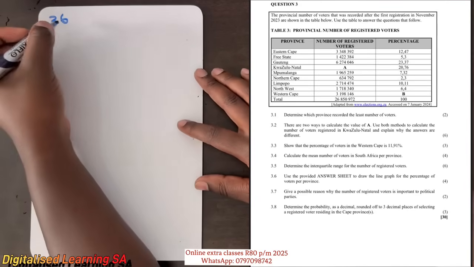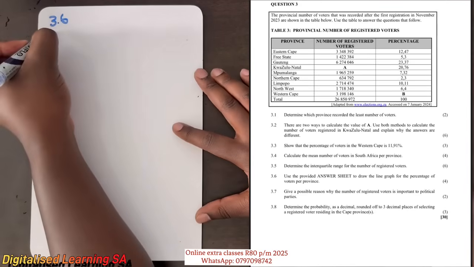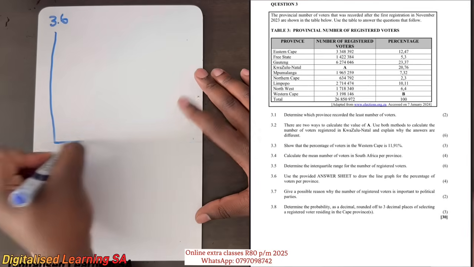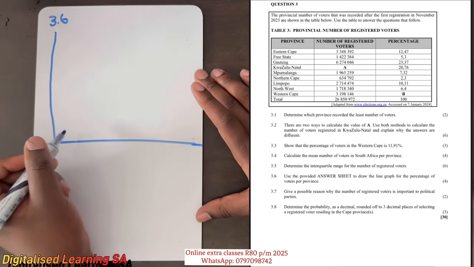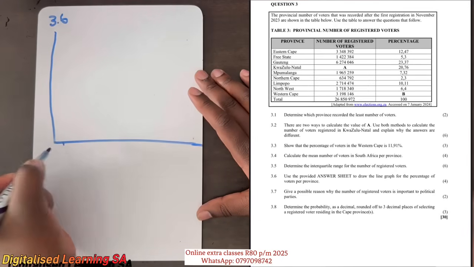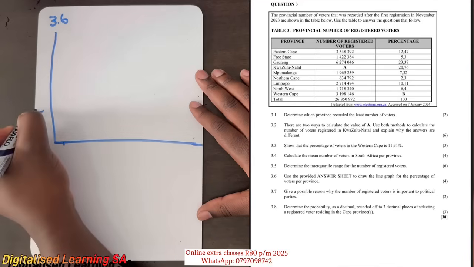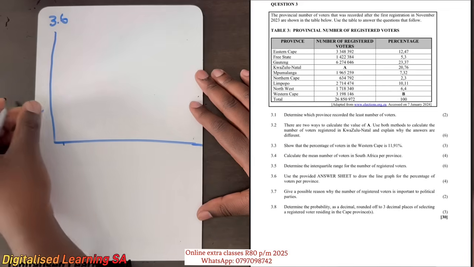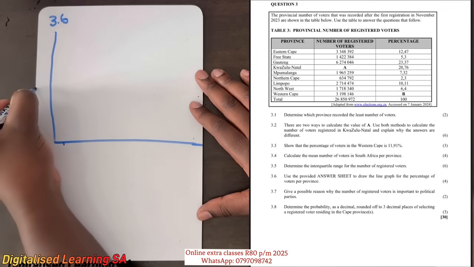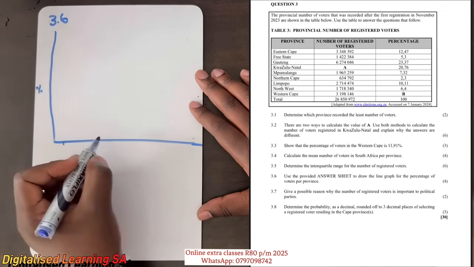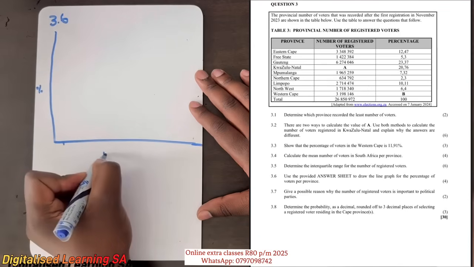So we will just draw our line graph here. So this side will represent percentages, and this will represent what?